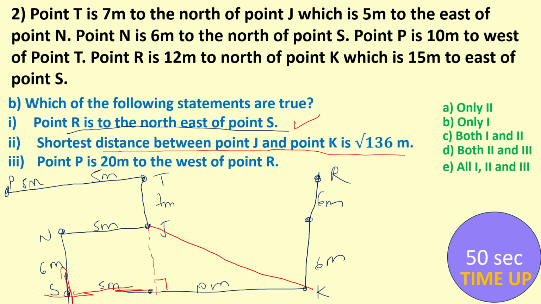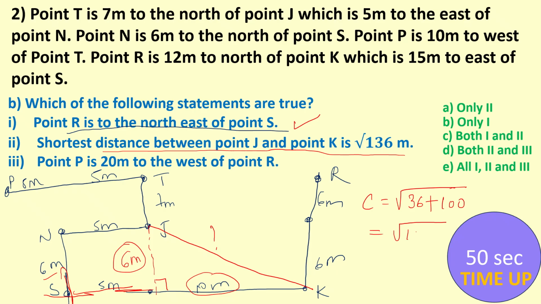If this is 6 meter, this is 10 meter, and this you need to find out. So apply the Pythagoras theorem. C is root of 6 square, which is 36, and 10 square, which is 100. So it will be root of 136. So the second statement is also correct.